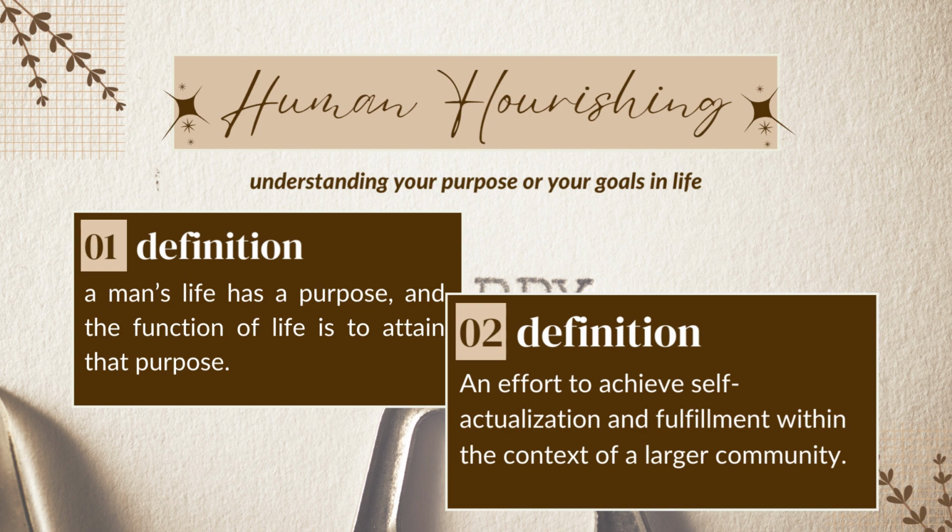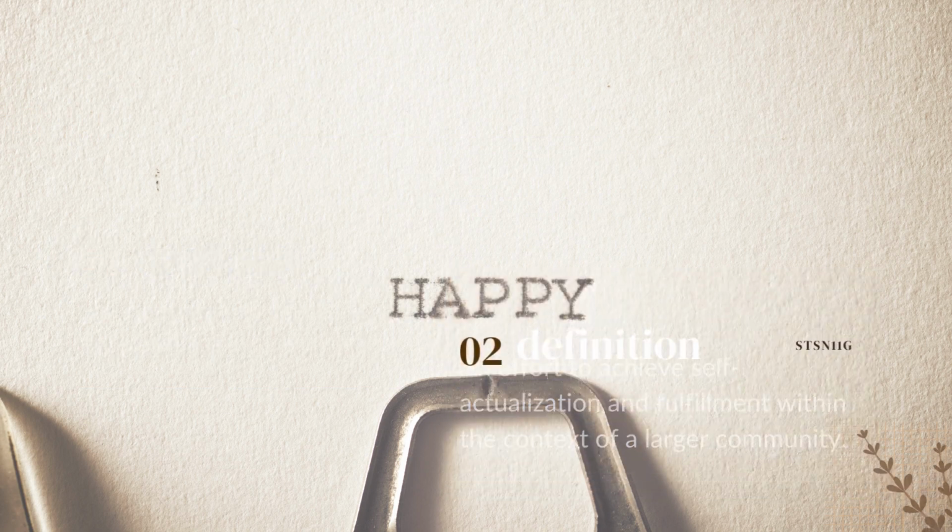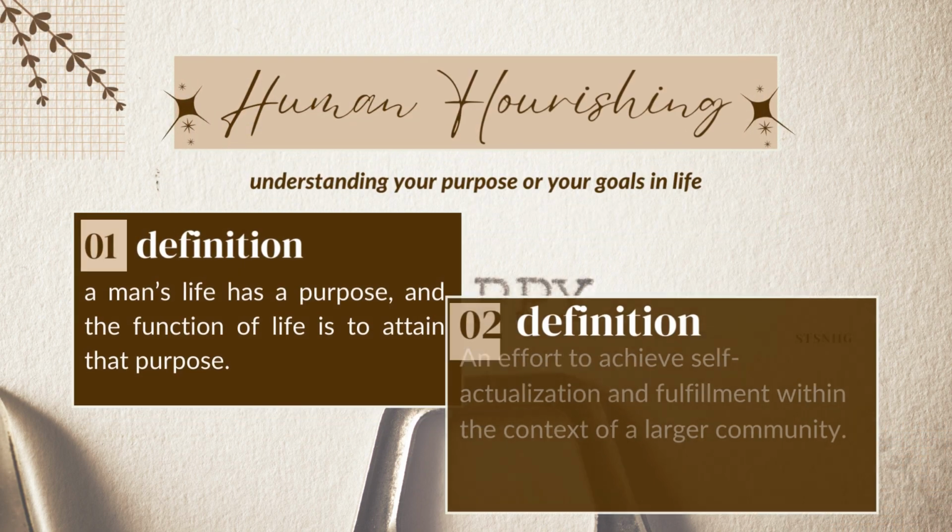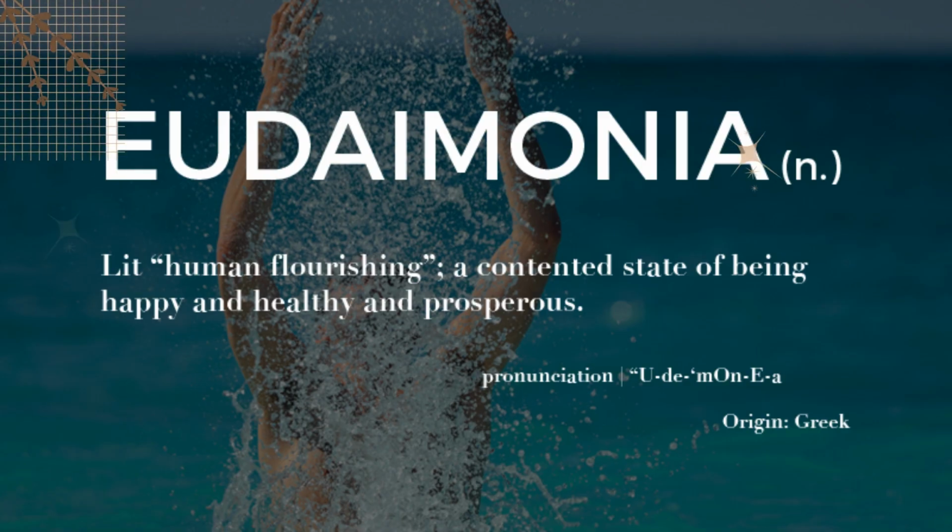Okay? I mean, going back, another definition of human flourishing is that, again, it's an effort to achieve self-actualization. If you're familiar with Abraham Maslow's hierarchy of needs, okay, kumbaga you can associate human flourishing to the peak of that pyramid. Actually, I do have one here.